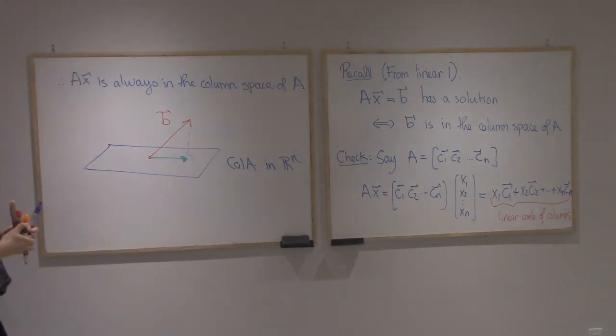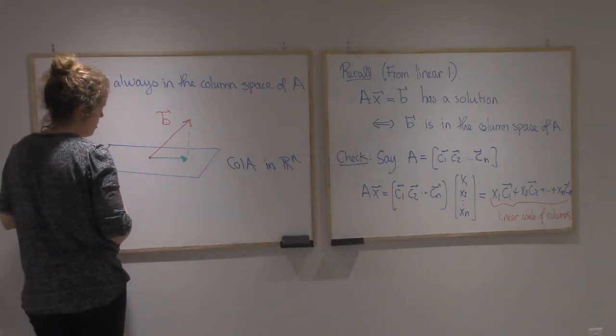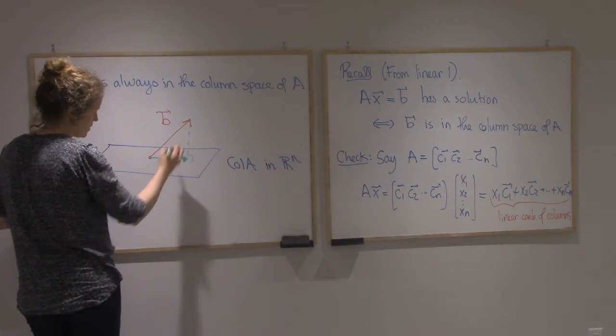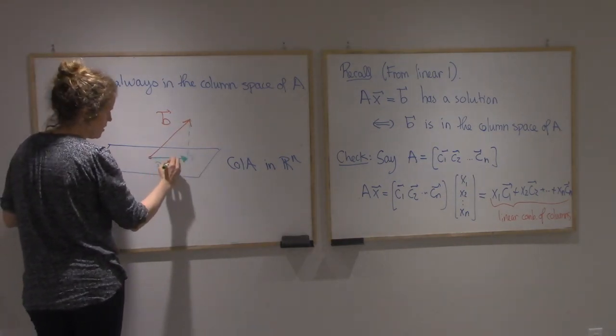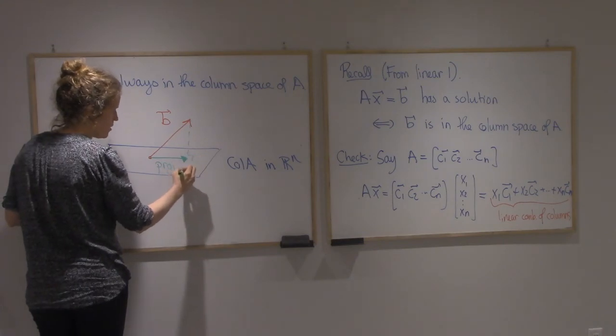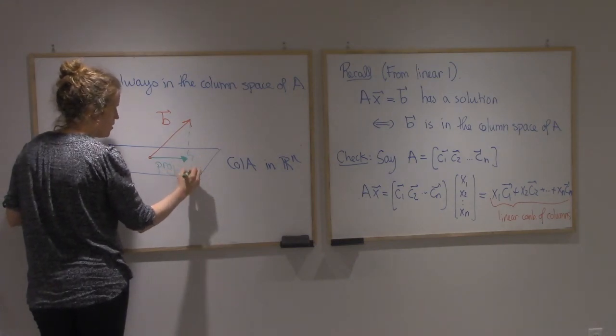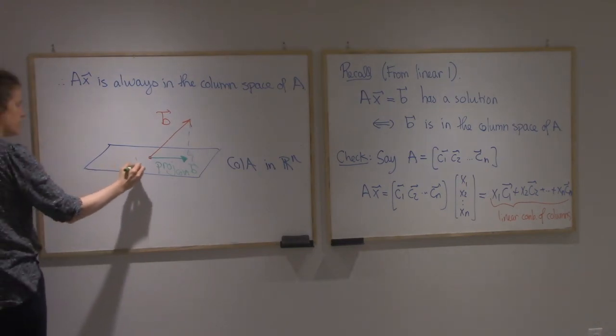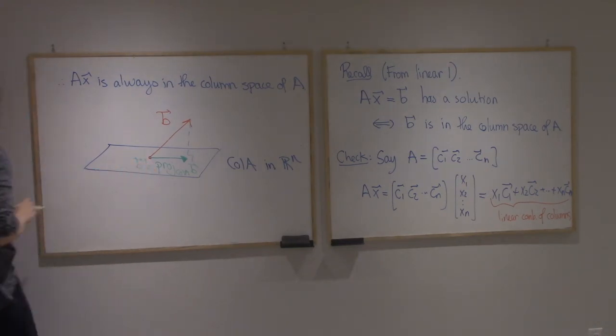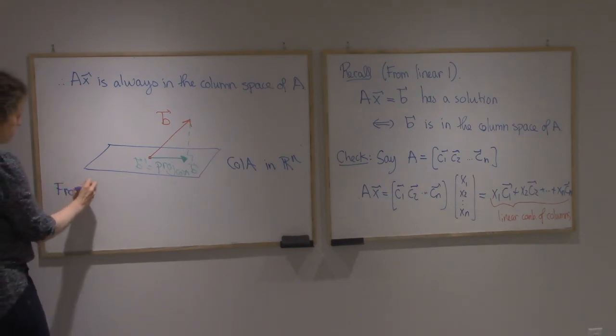And so this closest will be the projection. It's like the shadow. So the projection onto the column space of b. Let me call this b prime.